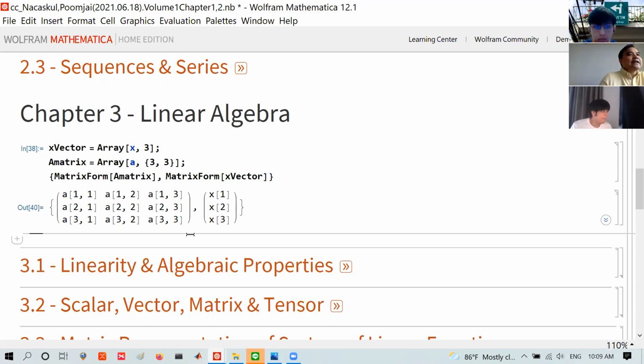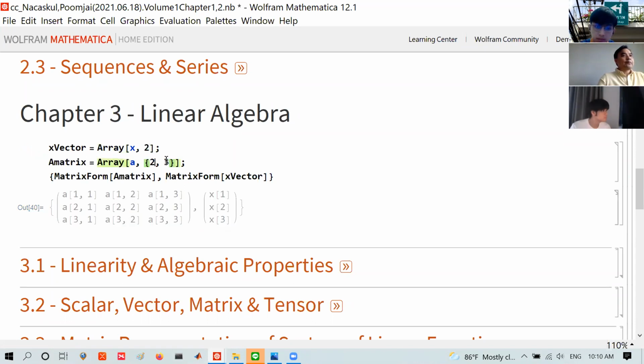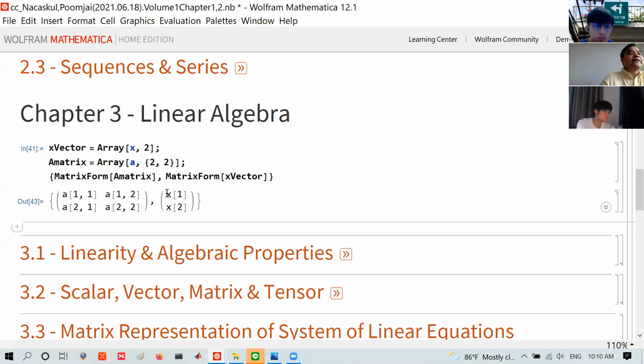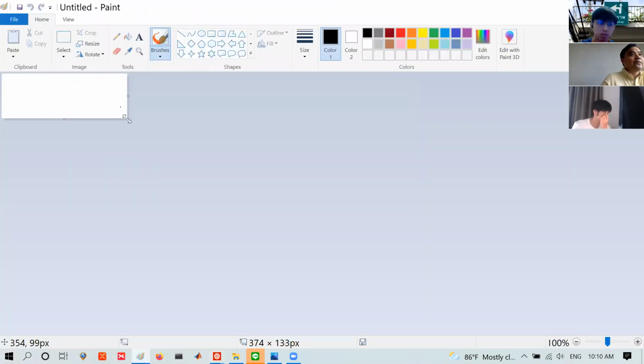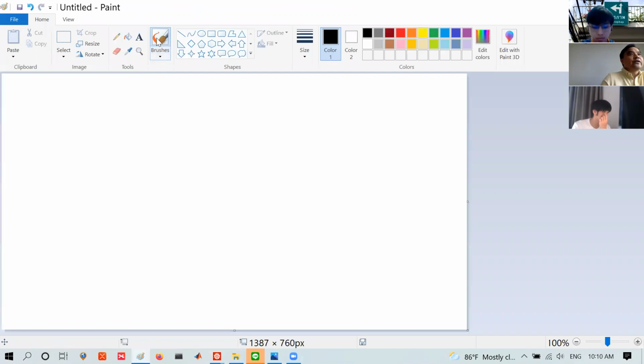In two dimensions, you can think of this as a coordinate. X1 is the coordinate on the horizontal axis. X2 is the coordinate on the vertical axis. So let's start a little drawing program here.